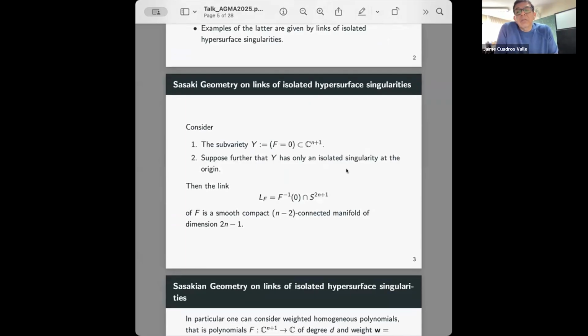Take the intersection of the preimage with a sphere, a small enough sphere, and then you will have a transverse intersection, and the link will be a smooth manifold of dimension 2n-1. And topologically, it will be very simple because all the homotopy groups, or most of them are, well, let me say it a different way, it's going to be n-2 connected. So we want to have some control on the topology of the link. So the link has some simple topology in general.